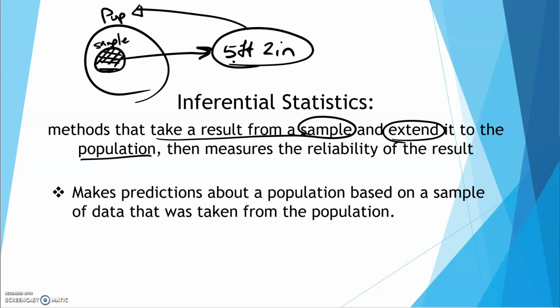Now what we're going to do with that is make predictions about the population based on a sample of data. Usually we don't look at the entire population because, number one, there's too many people or too much of whatever you're looking at, and it'll take too much time and too much money. So to avoid all that, we look at a smaller subset of it, which we call a sample.